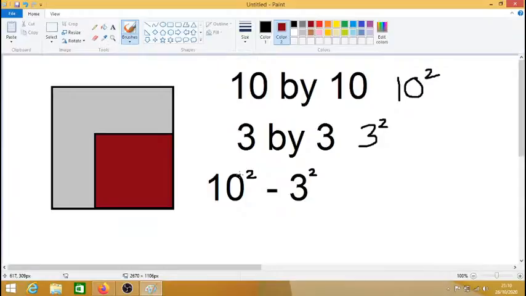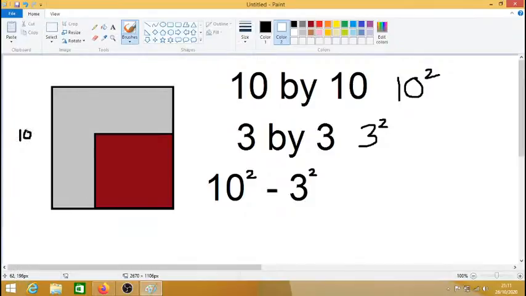Okay, hopefully you've figured out the area of what's left, so let's just try and visualize it. I've taken my 10 by 10 square, that's an area of 100, and I've then taken some scissors and cut away the smaller square, which was 3 by 3. Just to make it easy, let's put some numbers here.